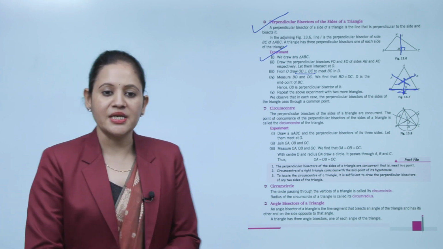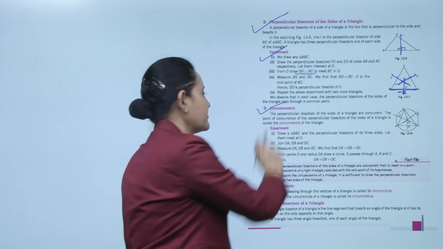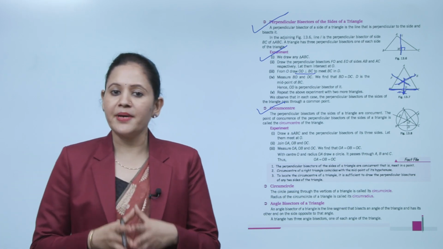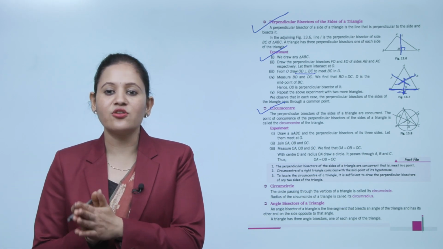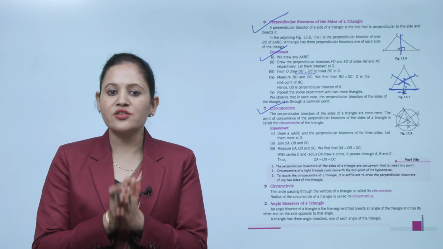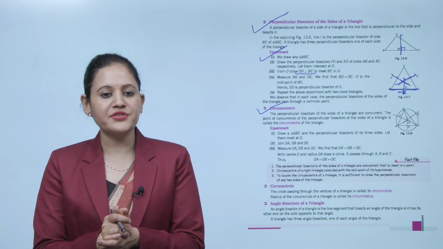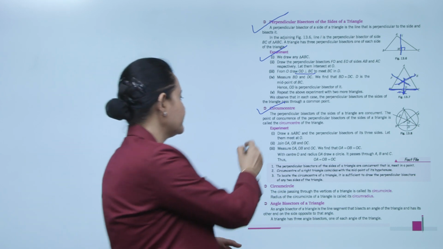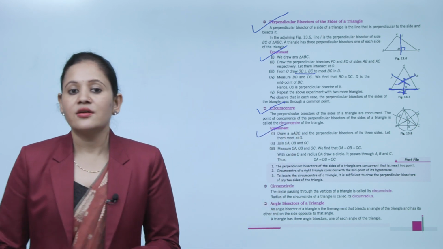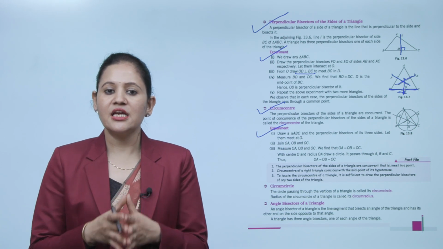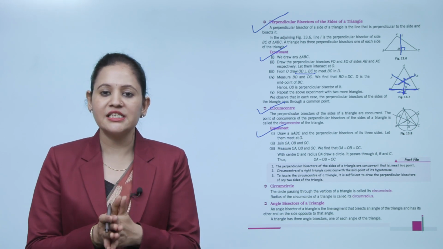Next is circumcenter. The perpendicular bisectors of the sides of a triangle are concurrent. The point of concurrence of the perpendicular bisectors of the sides of a triangle is called the circumcenter of the triangle. Experiment. Draw a triangle ABC and the perpendicular bisectors of the three sides.